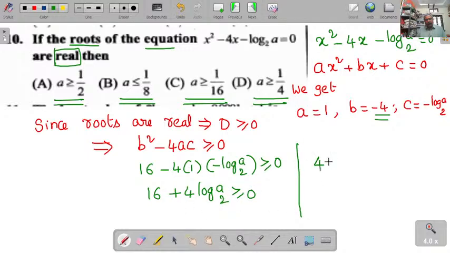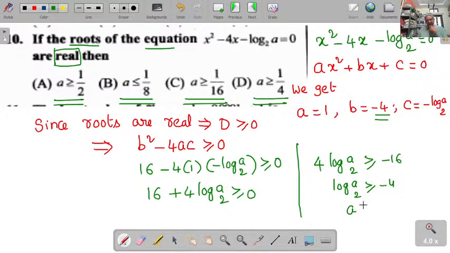This is 4 times log a to the base 2 greater than or equal to negative 16. So log a to the base 2 is greater than or equal to, dividing by 4, minus 4. Remember this 2 is positive, which means when you change into the exponential form, the inequality symbol does not change.